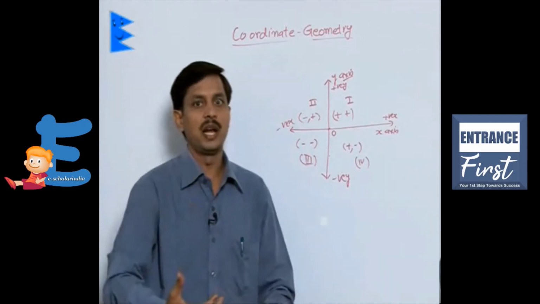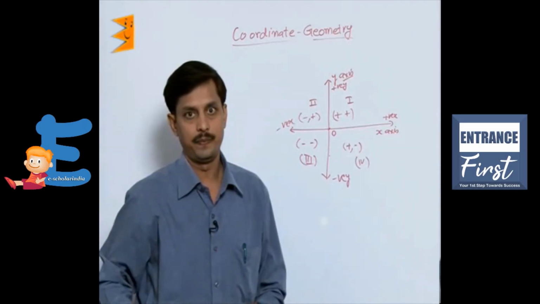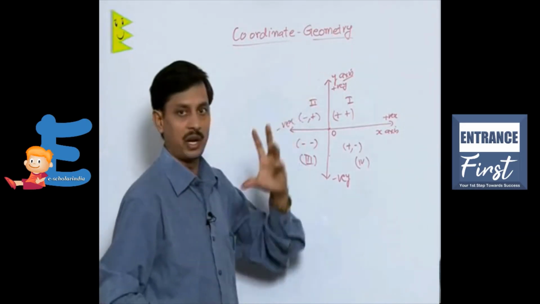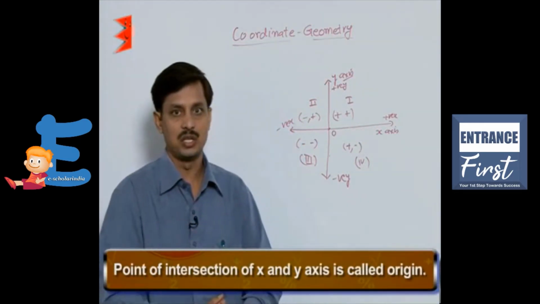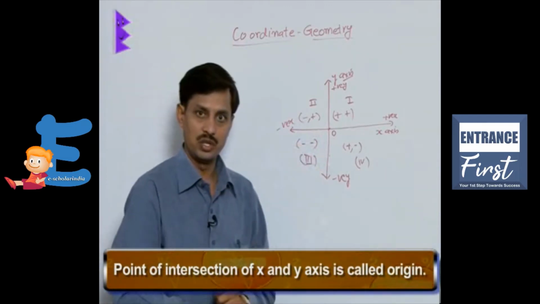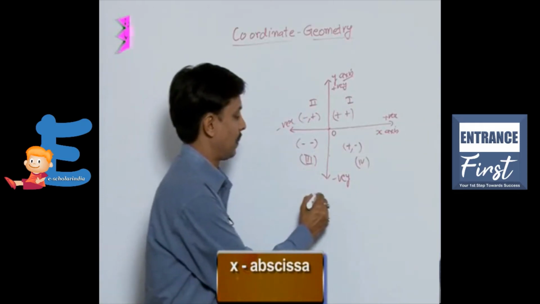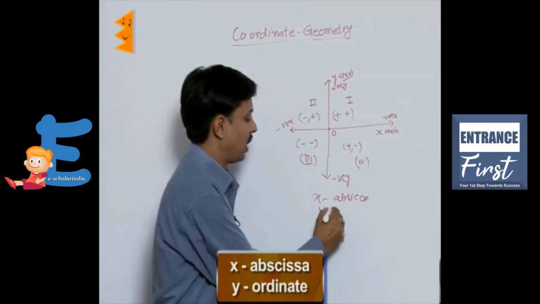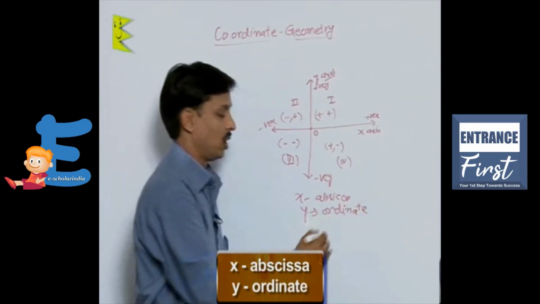So understanding the positioning of one object with respect to others comes in our unit coordinate geometry of mathematics. The point of intersection of the two axes, x-axis and y-axis, is known as the origin. The value of x is known as the abscissa, and the value of y is known as the ordinate.